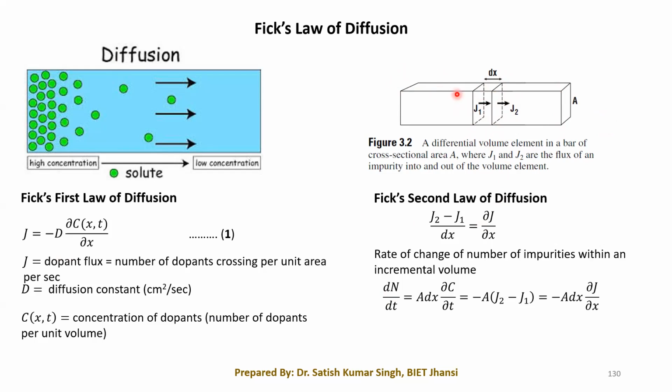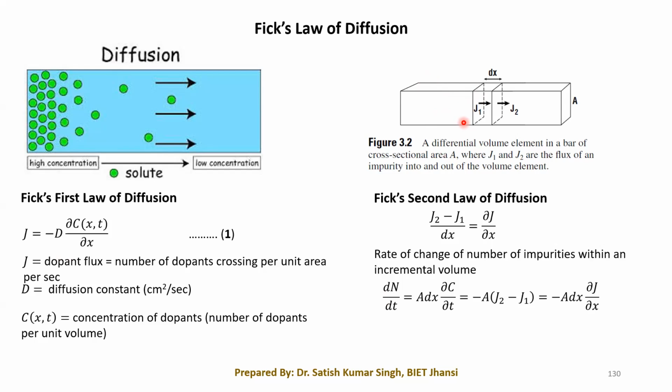If we consider a specimen of our semiconductor with this structure, at this point the flux entering this particular plane, if we are doing a diffusion process, is the number of impurity atoms entering this plane with flux J1.